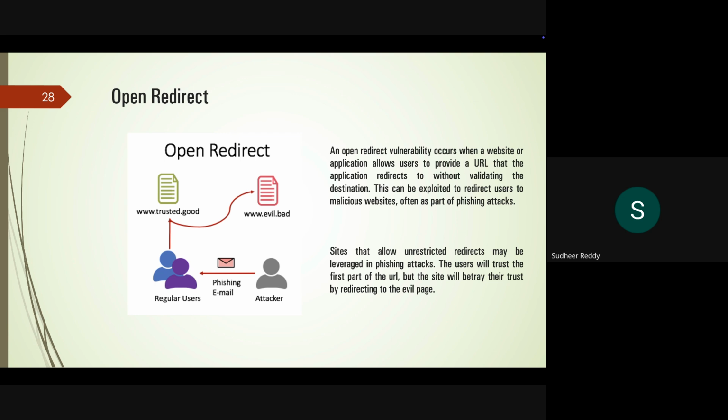Open redirect is one of the vulnerabilities that happens through a URL. In general, the URL that we write is the full-length URL, including slash, dot, backslash, small a, capital A, B, parentheses, square brackets, and so on. That actually leads to an open redirect issue.